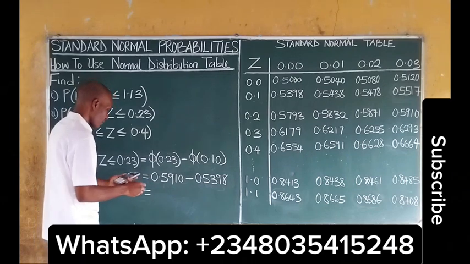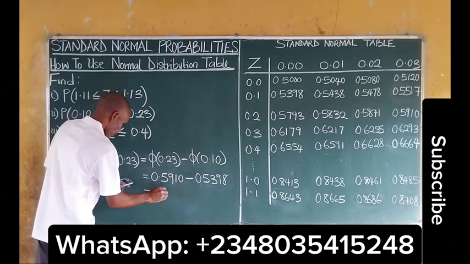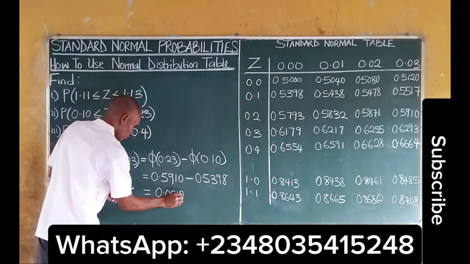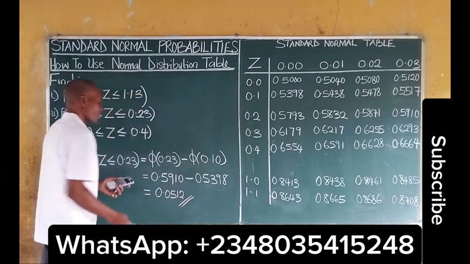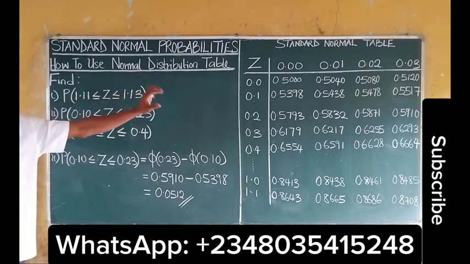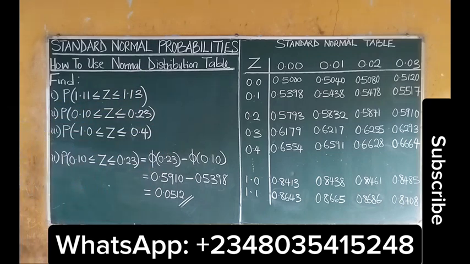So we have 0.0512. So this becomes our answer for the second question. This is simply how we can compute the standard normal probabilities using the standard normal table.